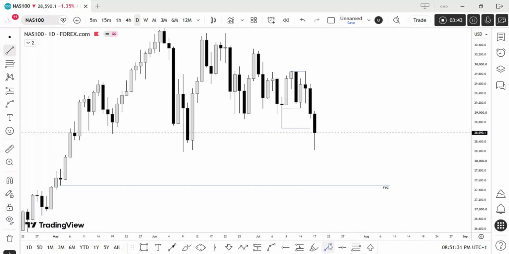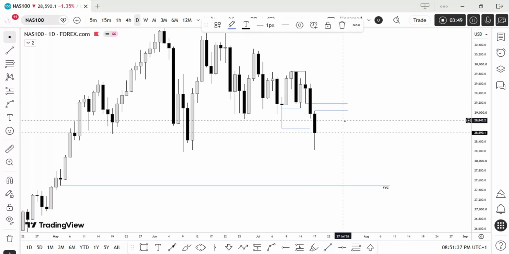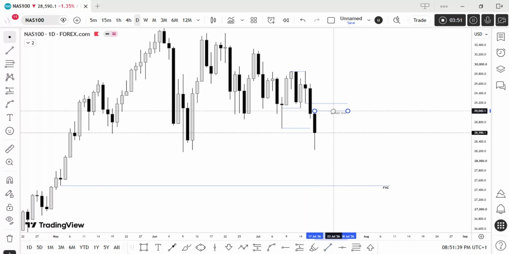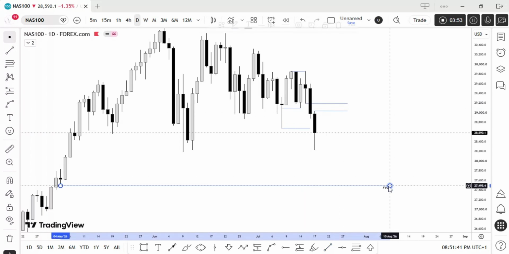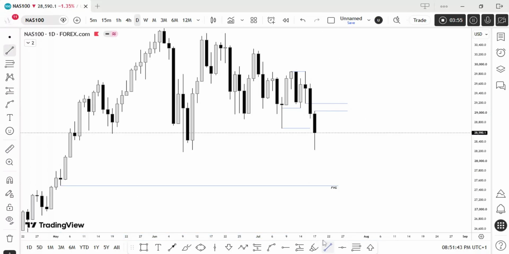I'll be expecting a correction inside this FVG, inside this point of interest on the weekly, on the daily time frame. So this is where I'm looking to continue trading, looking for this sell to the downside or to clear this recent low. So what I'm expecting on this NAS 100 is a pullback to this and then a correction to the downside.